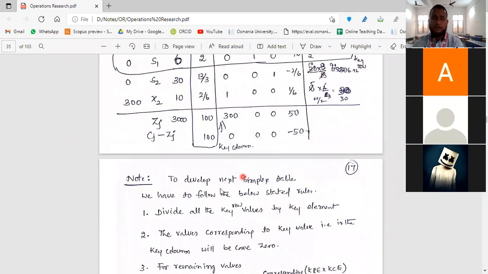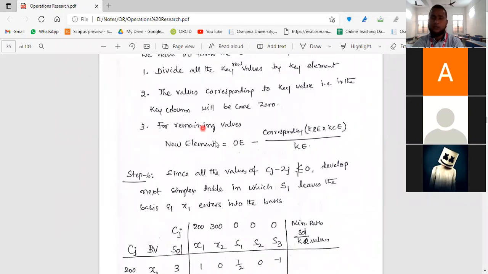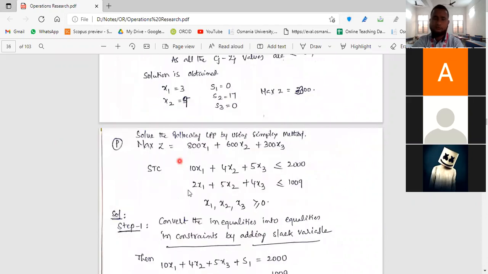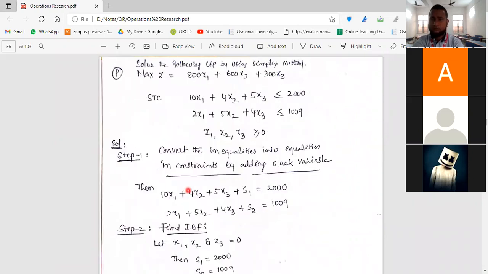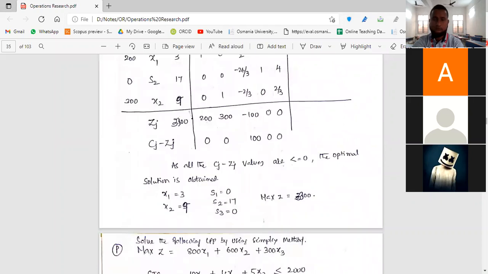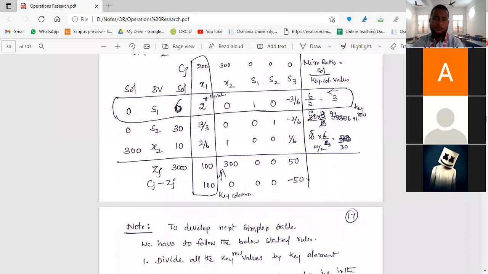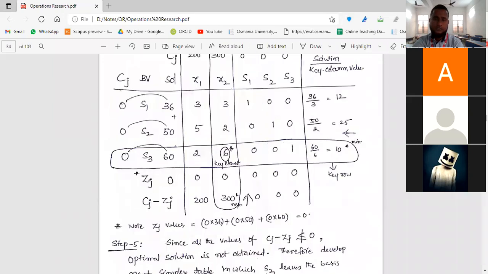For finding out these 10 values, we have a formula. New element is equal to original element minus the corresponding key row value into the corresponding key column value, divided by the key value. Suppose we take this one. What is the original value? 36.